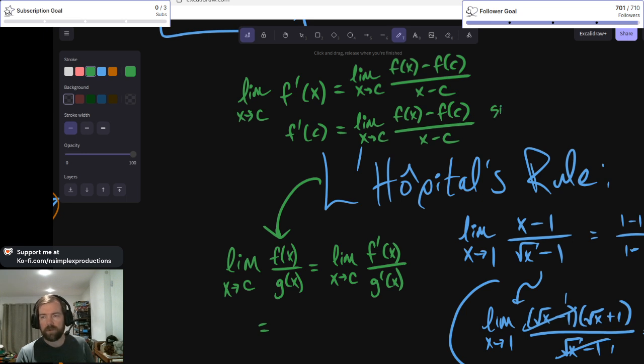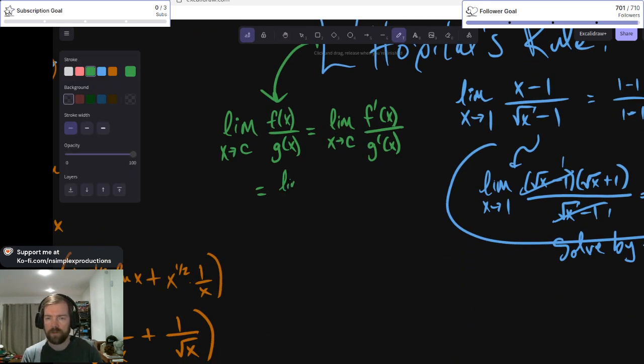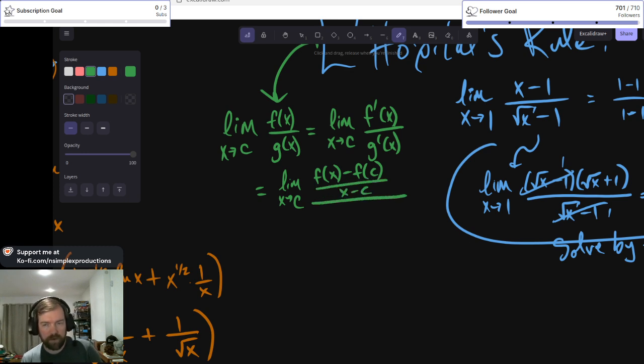All right, and similarly for g prime at c. So here we've got these two things. Limit as x approaches c of f at x minus f at c all over x minus c, all over g at x minus g at c over x minus c.